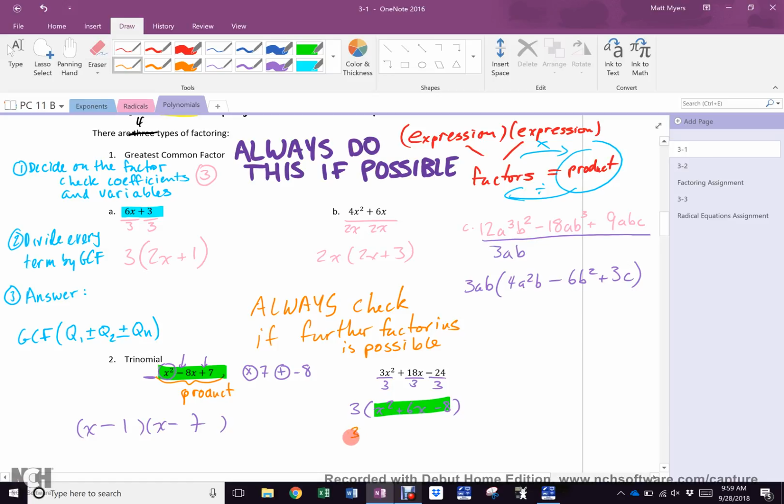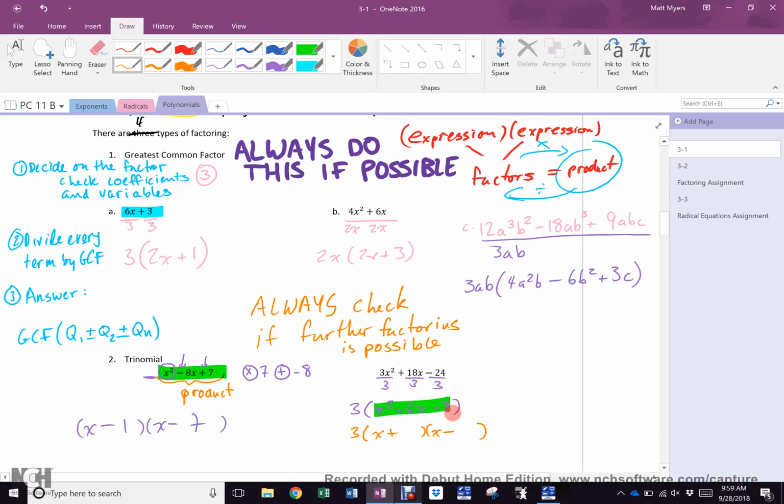So if it's going to break down, it's going to be x, negative. So what do I know about the two signs? It's going to be negative. The other one. What do I know about these two signs? One has to be positive, one has to be negative.